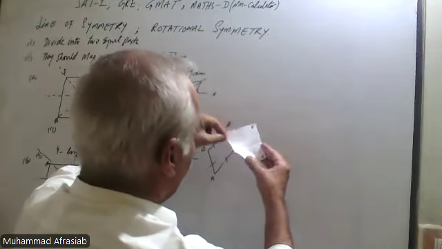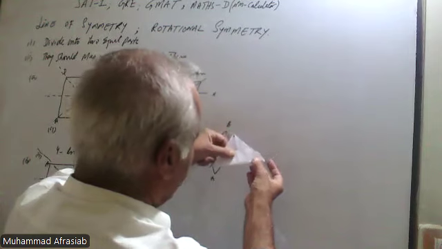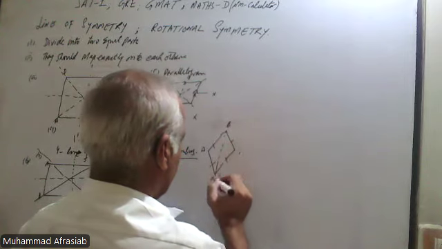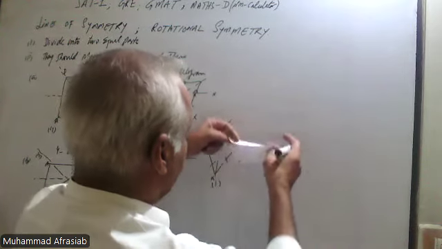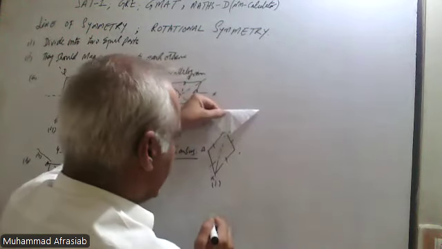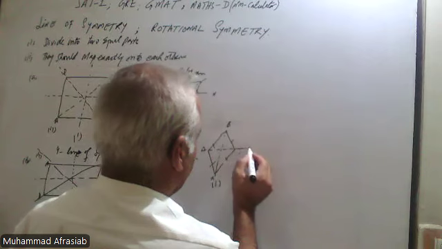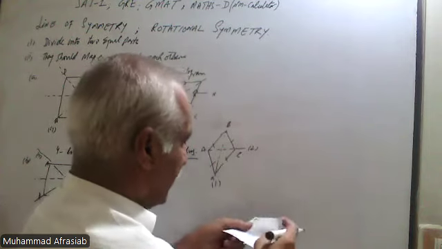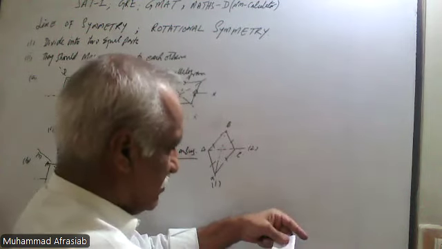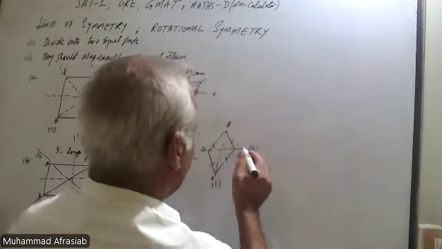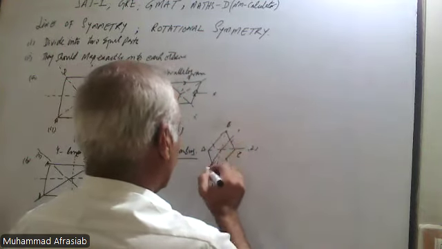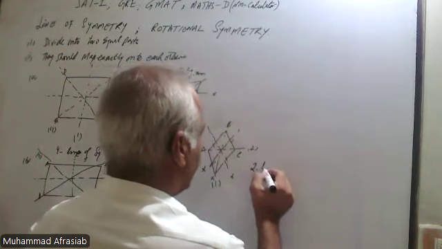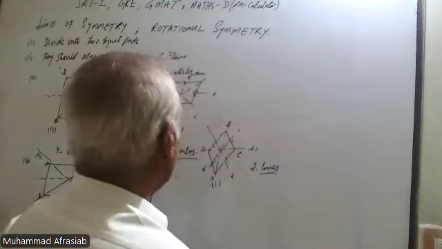Through this line, they are mapping exactly onto each other. If you fold it about this line, then it is mapping exactly onto each other. But if you fold it like this, then they are not going to map exactly onto each other. So this line is not a line of symmetry, and this line is also not a line of symmetry. So there are two lines of symmetry in this case.